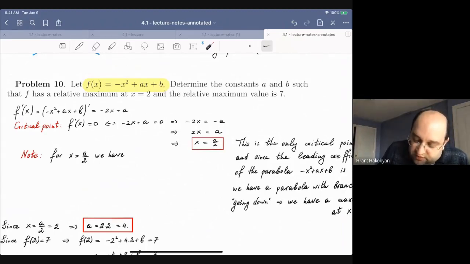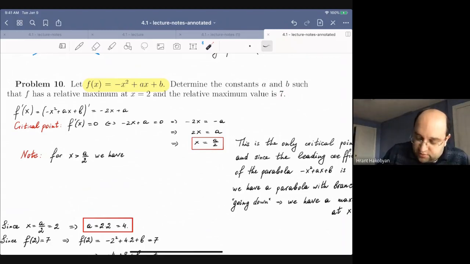So what do we have to determine? There's many parabolas. Among them we have to find the one which has these properties. It has a maximum at that point x equals 2, and the height of that maximum, so the maximum value, is equal to 7, right? So it has to have a maximum at that point, and the value of the function at that point has to be 7.